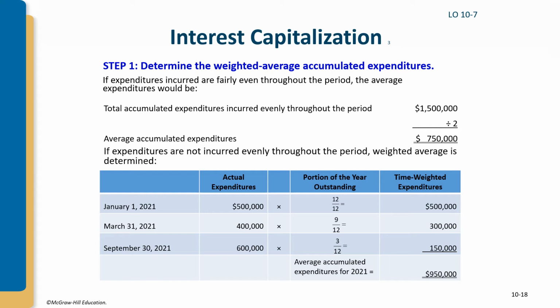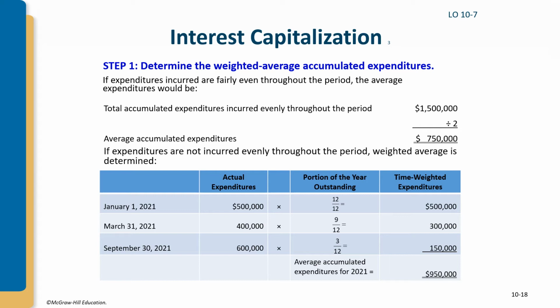September 30th, we take a $600,000 loan. Let's say, I'm not saying we actually take a $600,000 loan. That's how we kind of look at it. So we made an expenditure. If we had to borrow that money, how long would we have had to pay interest on it in 2021? October, November, and December. So the portion of the year it's outstanding is 3/12. So we only need to calculate interest on $150,000 of that loan for purposes of our construction.